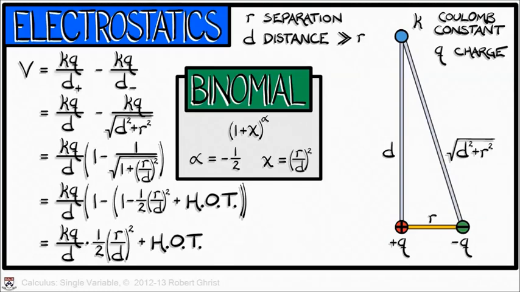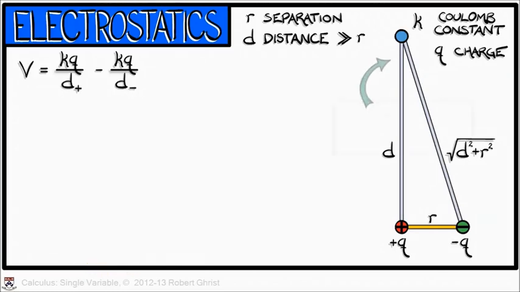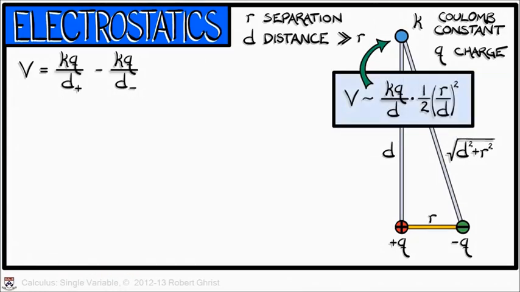Everything else is of higher order term in r squared over d squared. Let's remember that 1/2 r over d quantity squared. In fact, we'll set it over here, right next to the location, and consider what happens when we look a distance d away from that positive charge, but in a different direction. Instead of being orthogonal to the dipole, let's look parallel to it.